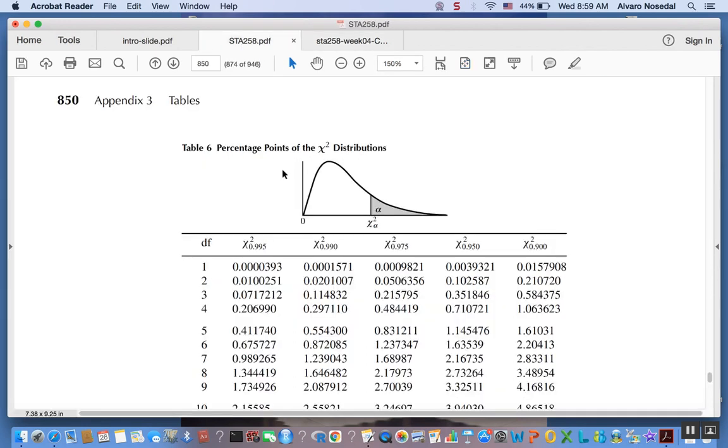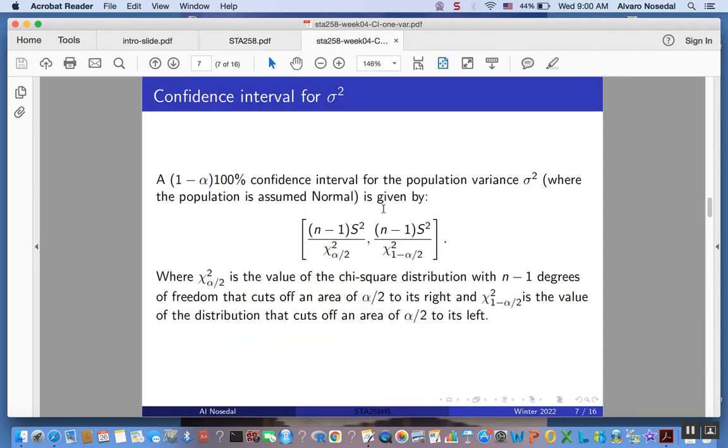Okay, but we can find both using a table like this one, or using R. We're going to be doing an example where we test drive, if you will, our formula. But for the time being, we're done deriving that formula. We'll use it later. Okay?